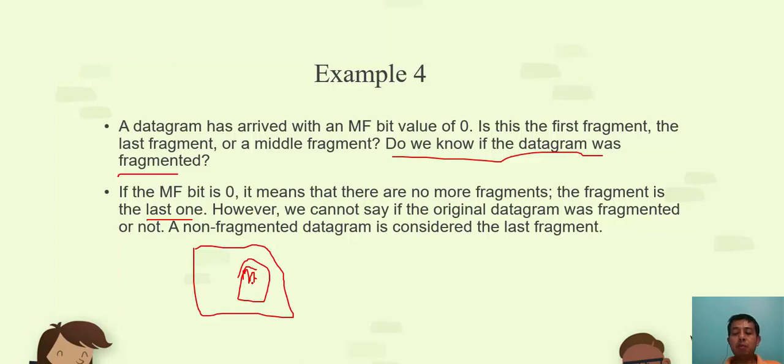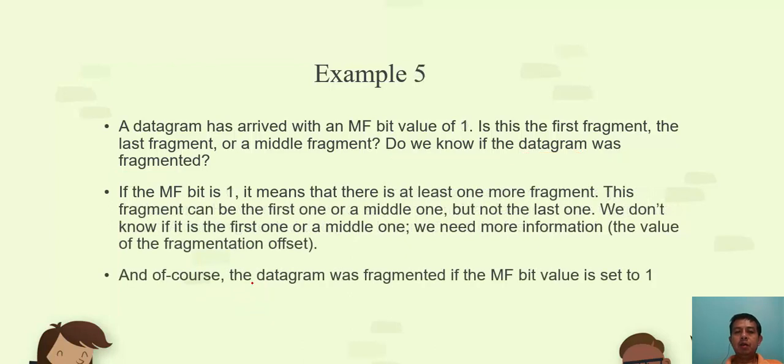But in datagrams where no fragmentation is done, those also have the MF flag set to 0. So by looking at MF bit equal to 0, we cannot see whether the datagram is fragmented or not. To know whether the data is fragmented or not, we have to see the other information, the identification, the fragmentation offset, all these different values.